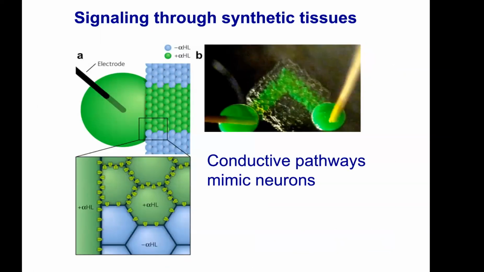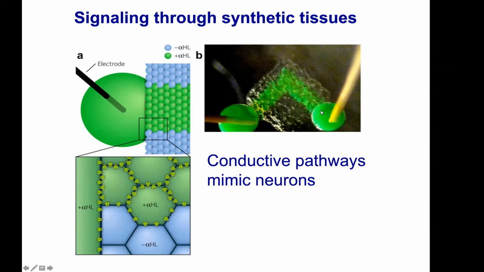Another thing that we can do with these materials is to send signals through them. So if we print some droplets with our protein pore and some without, the green ones with, in this case, we can put two electrodes on our piece of synthetic material, apply a potential, and this will conduct an ionic current through the green pathway.